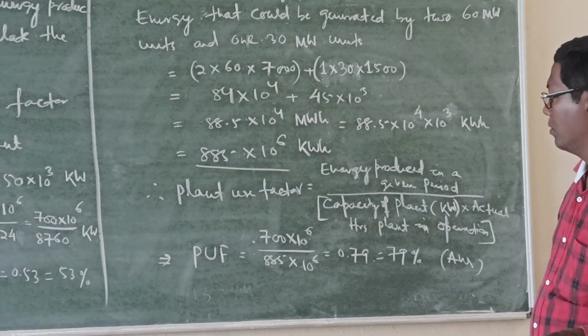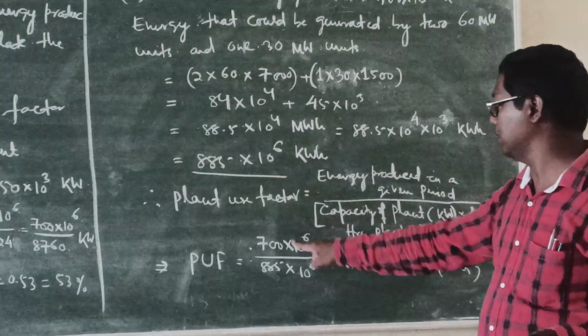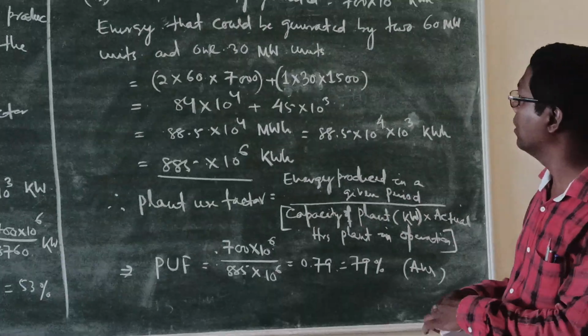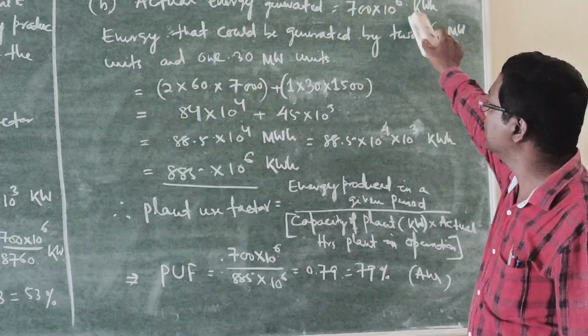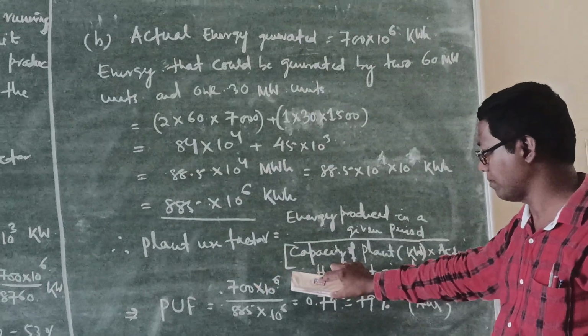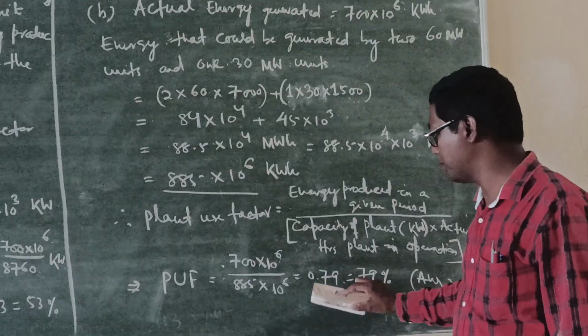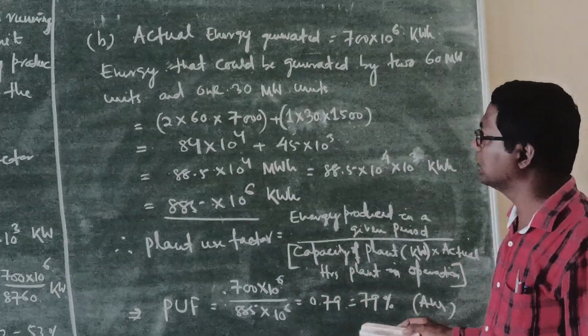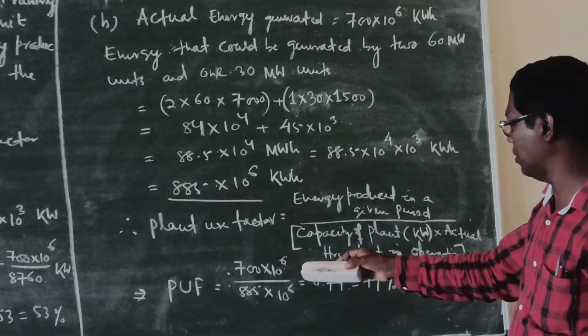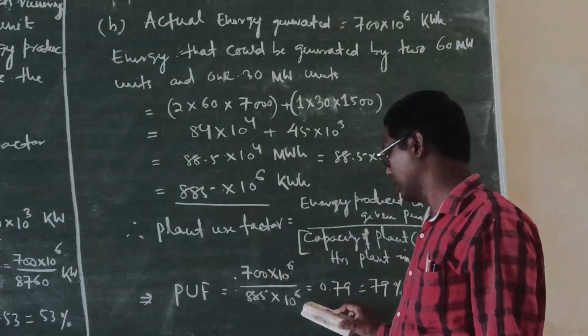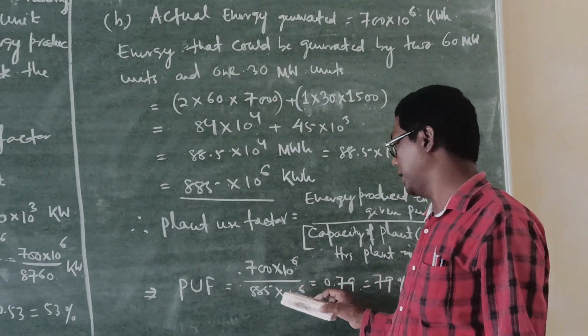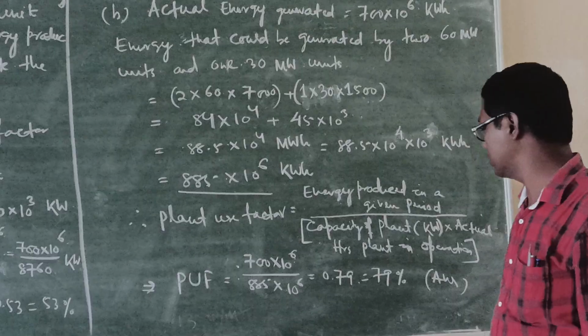So plant use factor is the energy produced in a given period, 726, divided by capacity of the plant and actual hours of plant in operation. By dividing we can find your plant utilization.